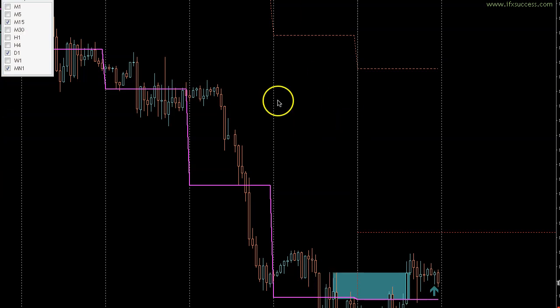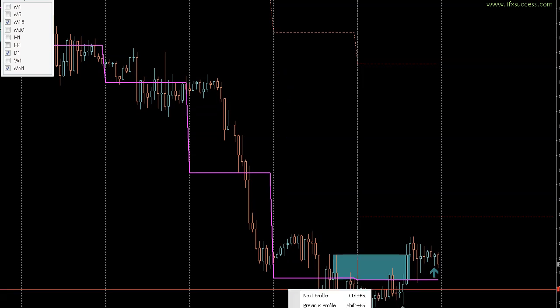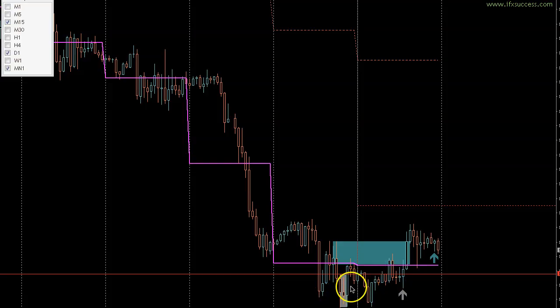Let me bring this up a little bit. I can see that I have a fresh block. It's really barely fresh. It happened between these 2 days right here, Thursday and Friday. And this is looking good.